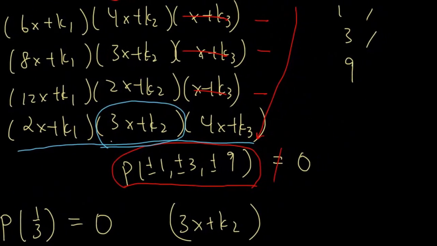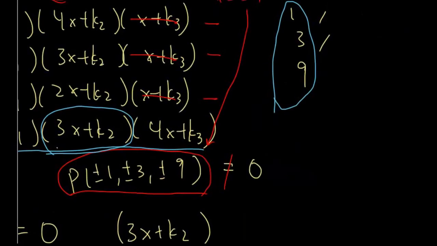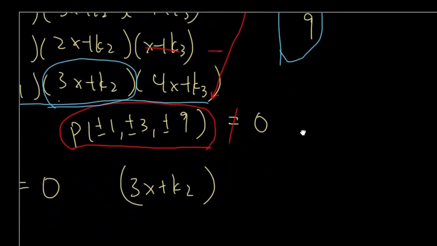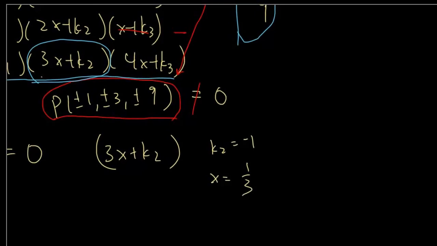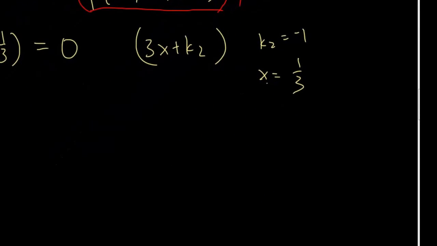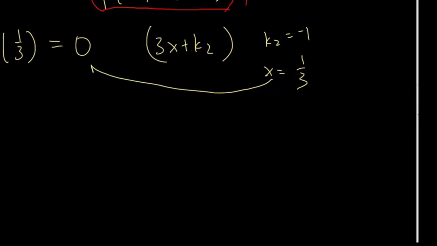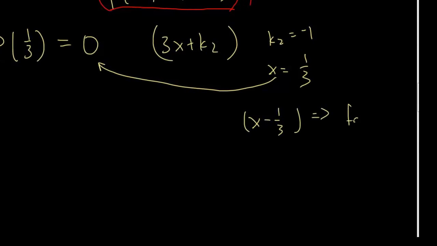My trailing numbers are 1, 3, and 9. If k2 is equal to negative 1, then my root is going to be 1 over 3. I found that 1 over 3 does indeed give me a 0. So therefore x minus a third is my factor.